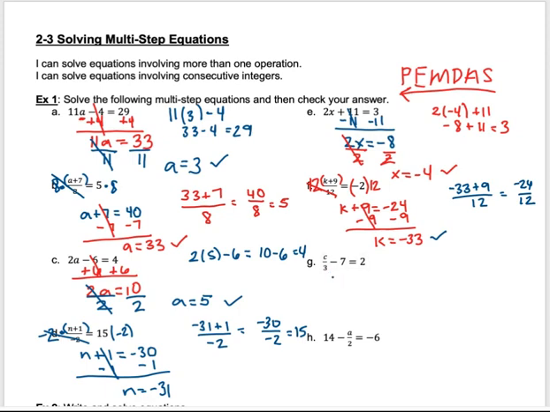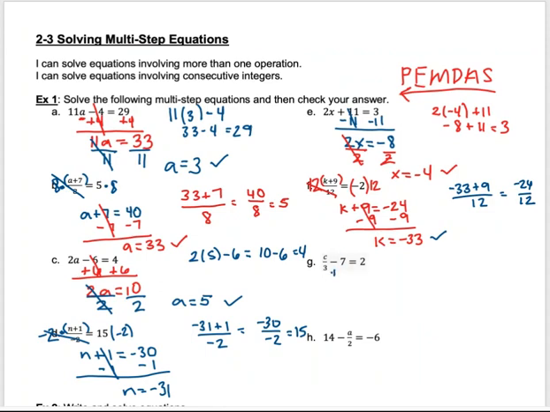Okay, what you should have done for G is here I have C divided by 3, and then I have a minus 7. Now this minus 7 is not attached to the C, okay? It's not a part of this grouping over here. So when I work my order of operations backwards, I am going to take hold of this minus 7 first, the subtracting 7.